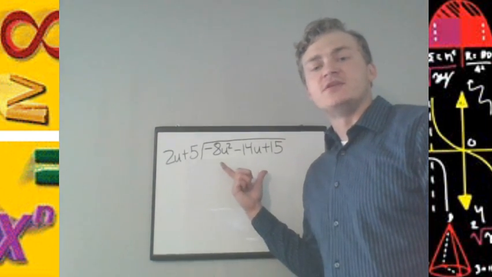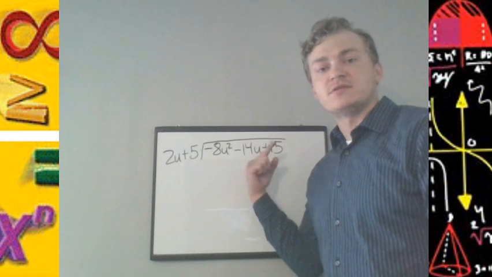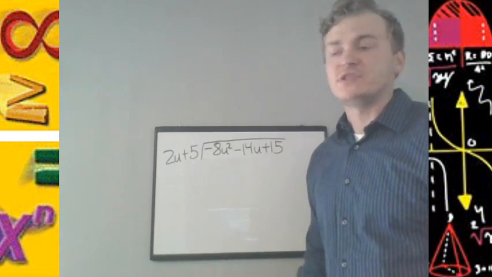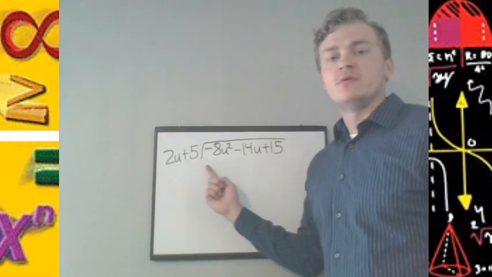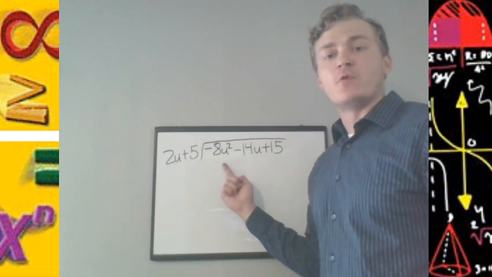Again, we take the dividend and place it under the doghouse, and we take our divisor and place it out to the left. Performing the long division, 2u divides negative 8u squared negative 4u times.